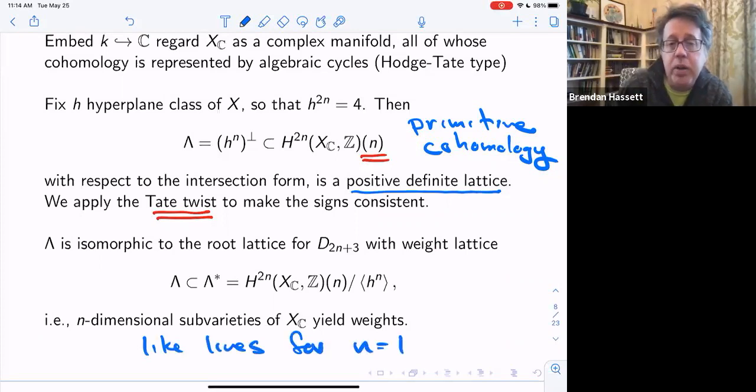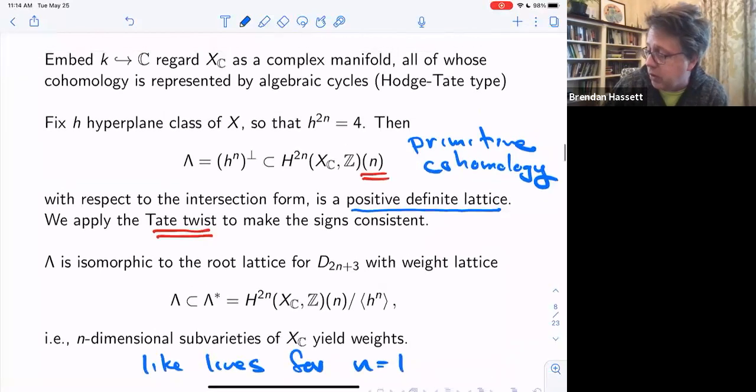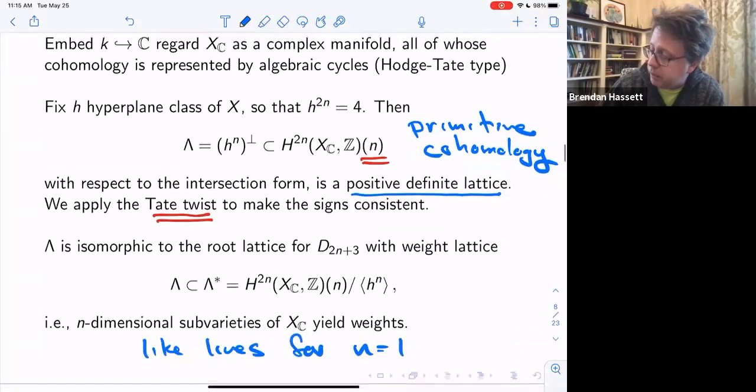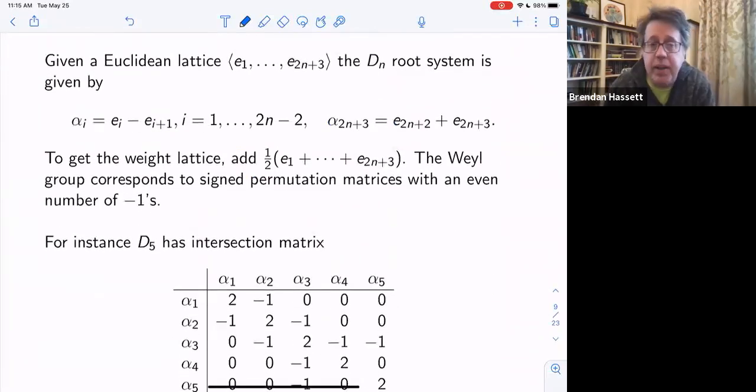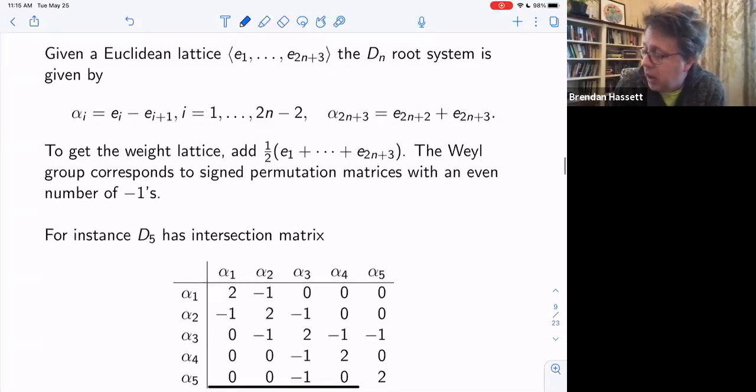So I want to use this basic formalism for the intersection theory. Let me be pretty explicit in terms of the structure here. If you have a basis E1 through E_{2n+3} for a Euclidean lattice with a standard diagonalizable intersection pairing, I can think of the Dn root lattice as being given by the differences between successive generators.